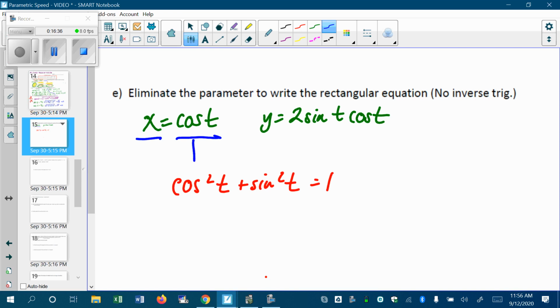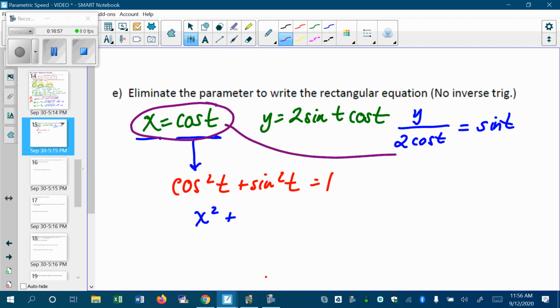So I'm going to put right in here that this is x squared. Now I need something else for sine, but over here I have something that mentions sine. So I know that y divided by 2 cosine of t is sine of t. And then I'm going to do a little loop-de-loop thing here and say, well, x is the same as cosine. So I know that y over 2x is sine of t.